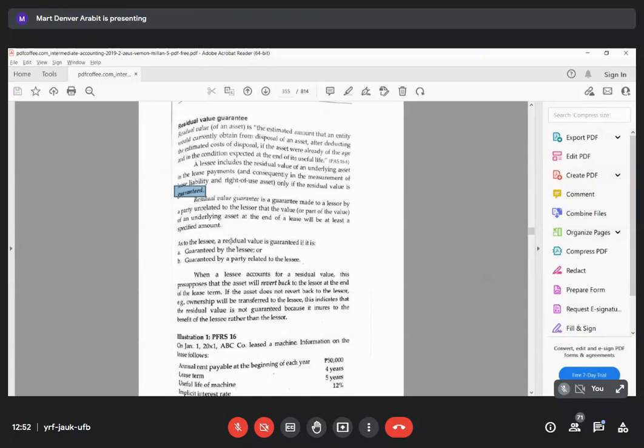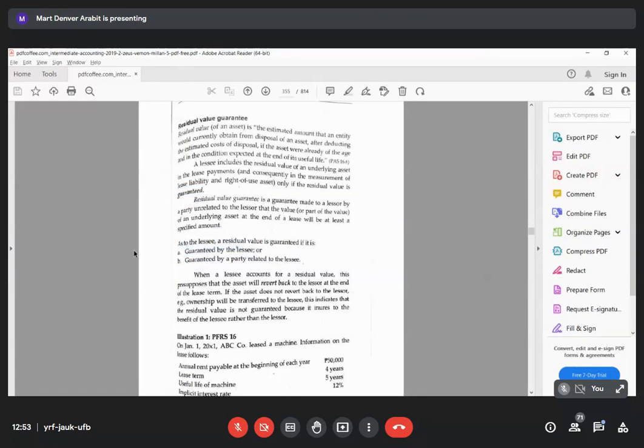Otherwise, unguaranteed siya. Okay, so as to the lessee, residual value is guaranteed if it is guaranteed by the lessee or if it's guaranteed by a party related to the lessee. Okay? So, either third party and pwede na rin pala si lessee ngayon. Okay?